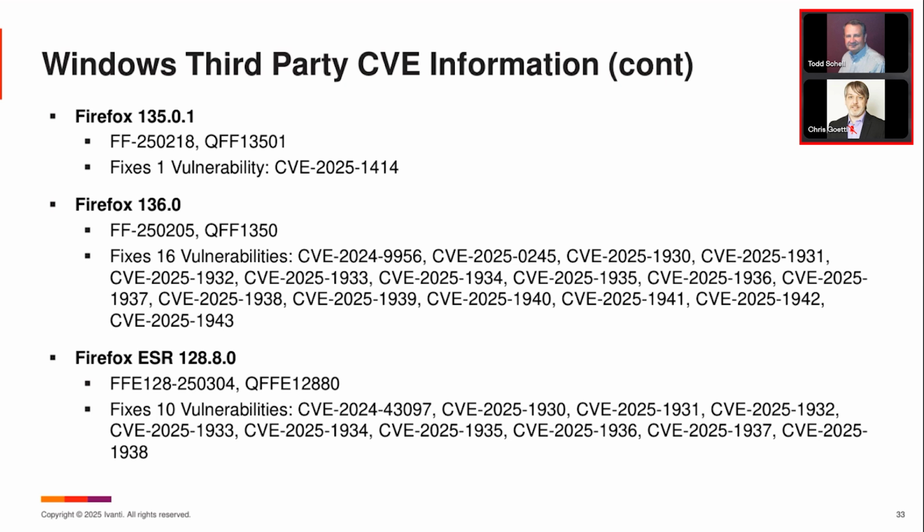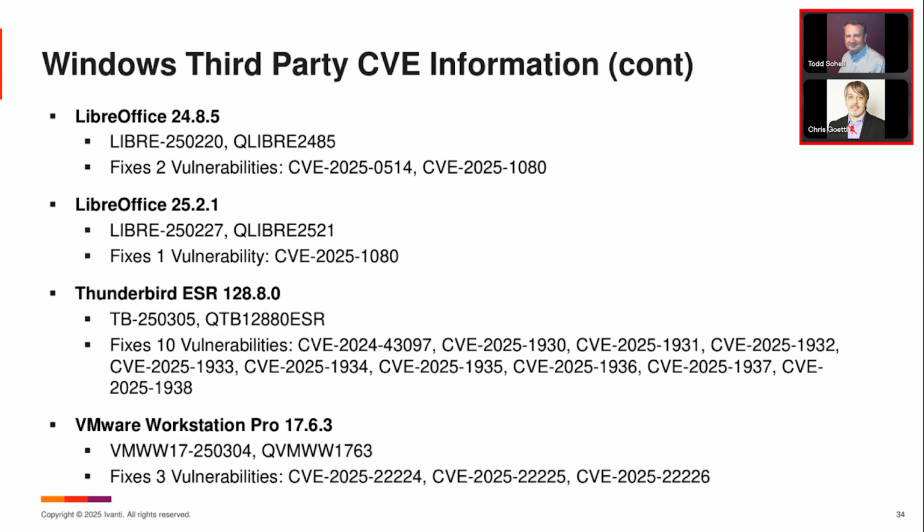In this case, Firefox 136, a large number of vulnerabilities were addressed, 16 listed here. Don't forget the long-term service version they call Extended Support Releases, ESRs, also are getting regular security updates as well. So if you're having to run one of these older versions of Firefox, make sure you're continuing to update them as well.